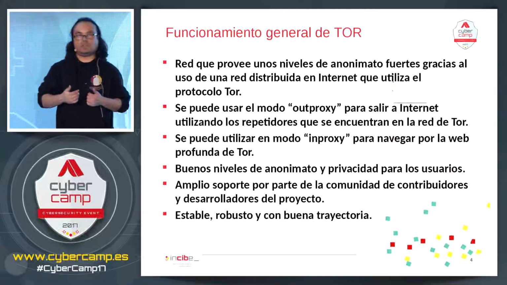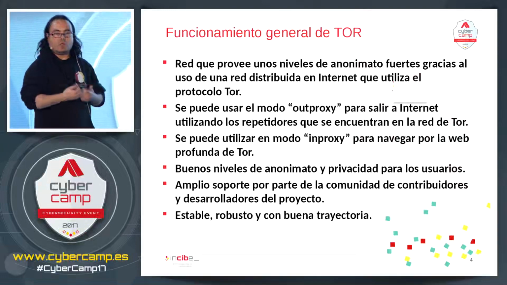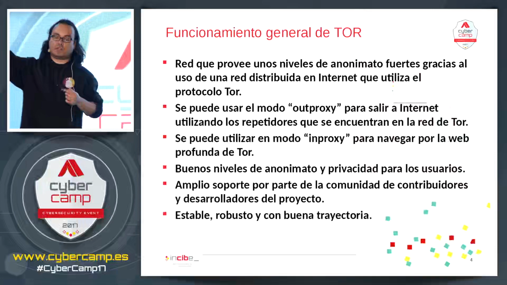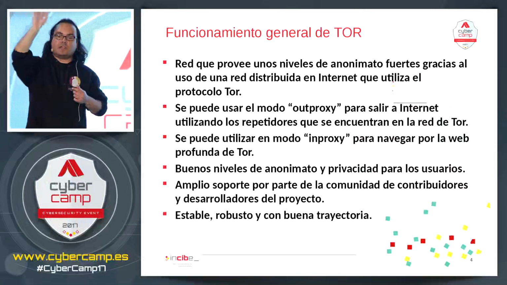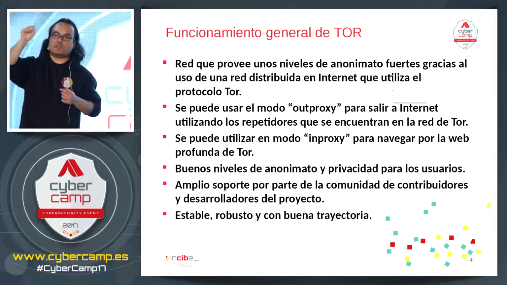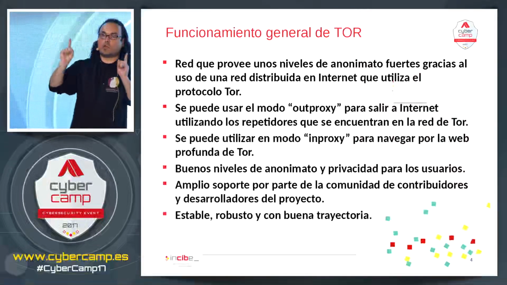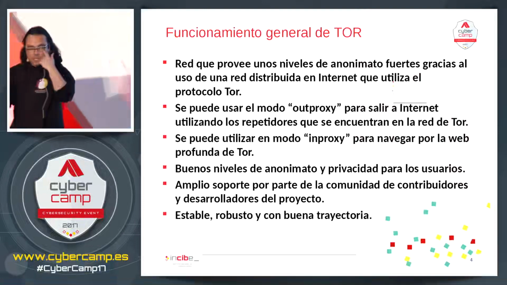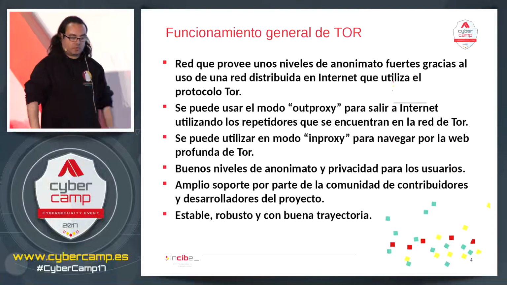Then we have the in-proxy mode. This is a little bit different. The way it works is different because we are not accessing services online. We are accessing services which are inside the TOR network, and they are made up of an onion address. You've probably heard of that.